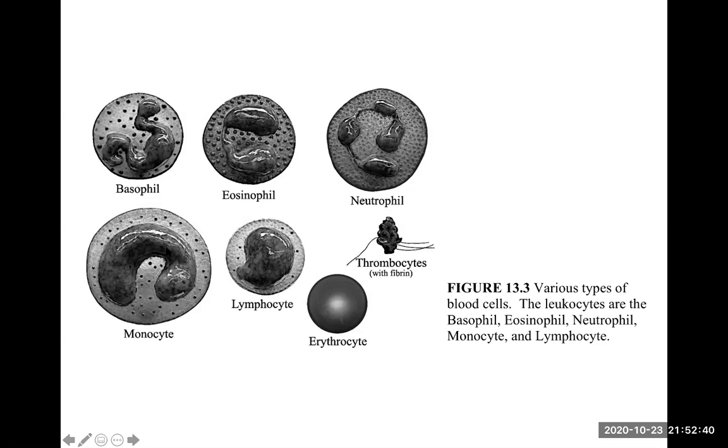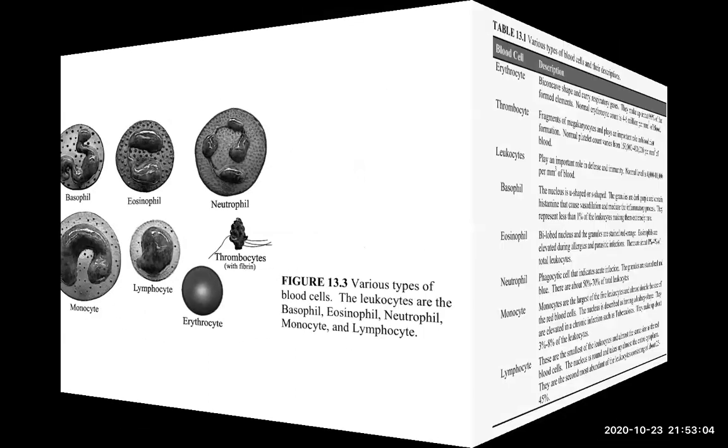The monocytes have a curved nucleus, and the lymphocytes are very full. Erythrocytes and thrombocytes are the red blood cells and the cells that will go on to create your platelets, but you should be really familiar with knowing the differences between the 5 types of white blood cells and what makes up the characteristics of each.